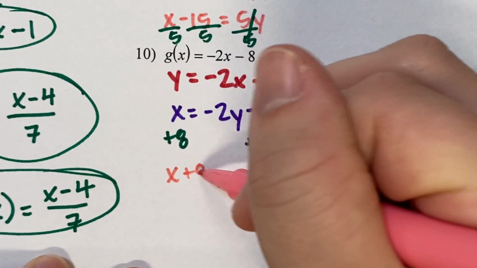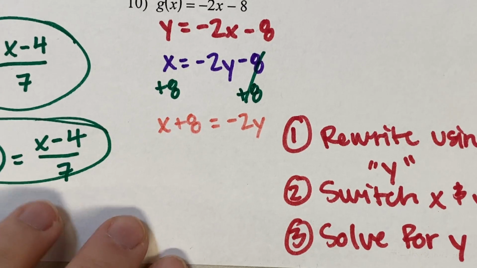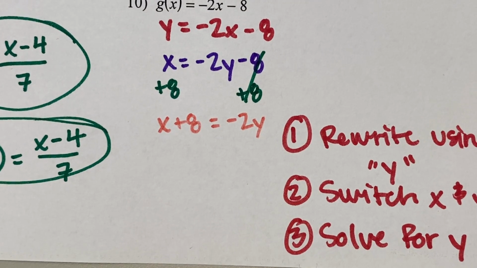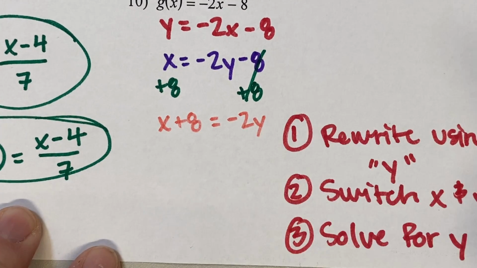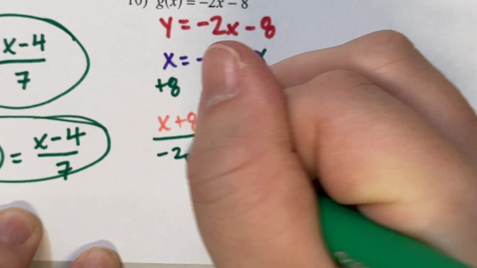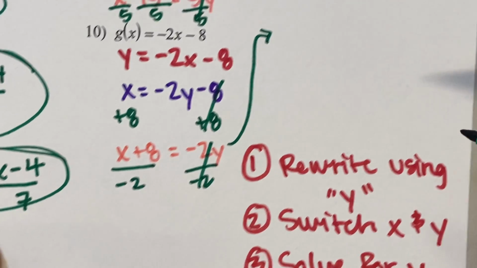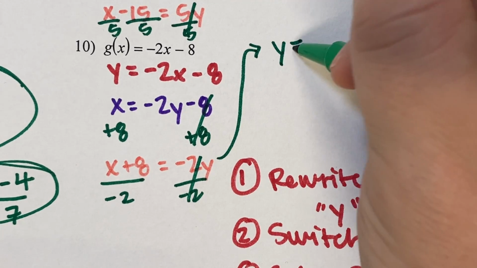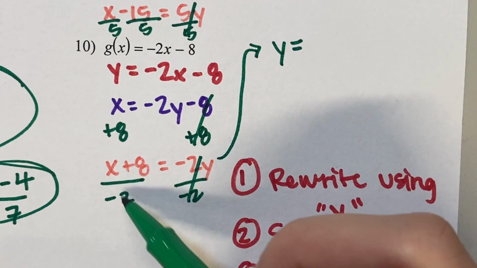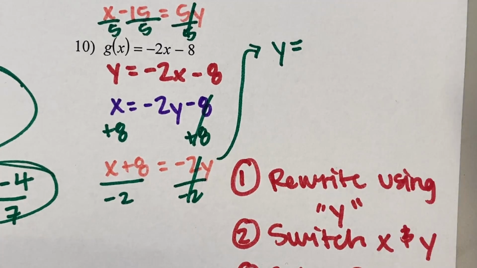Okay, so now I have x plus 8 equals negative 2y. Okay, last step. Opposite of times by negative 2 is going to be to divide by negative 2. Okay, so I'm going to rewrite it over here. I have y is equal to, and again, I'm going to reduce this because 8 divided by negative 2, we can actually figure out what that is.